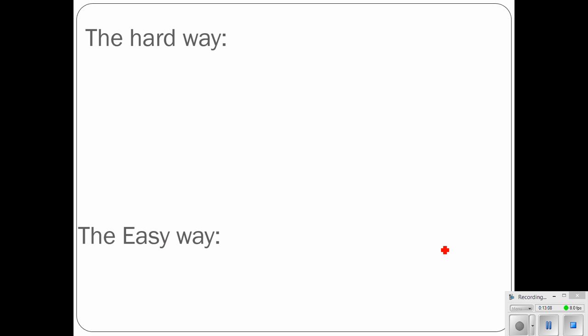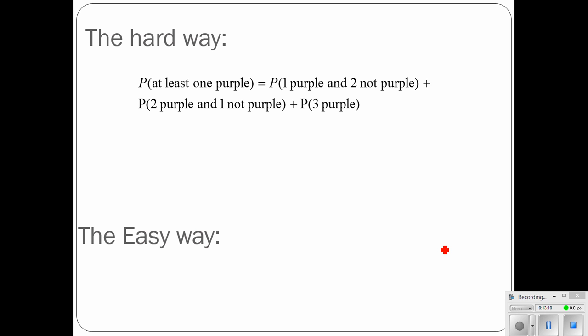There's 2 ways to do this, the hard way. At least one purple could mean they do 1 purple or 2 purples or all 3 were purples. Well, within 1 purple, 2 not purples, think about this. It could be purple, then not, then not.